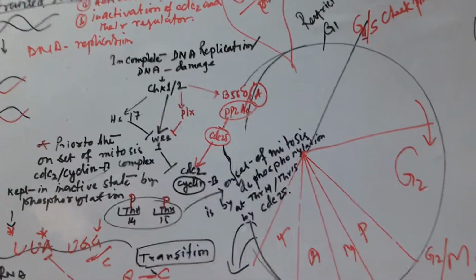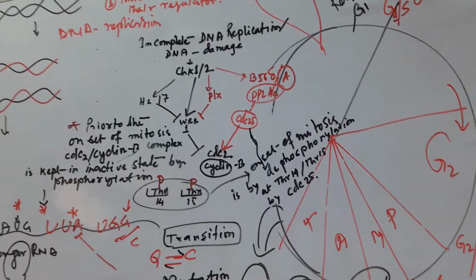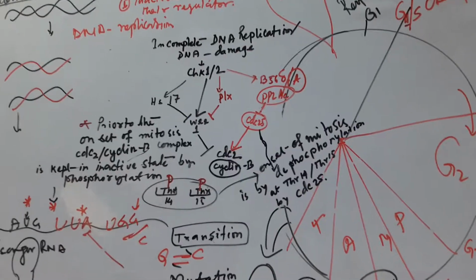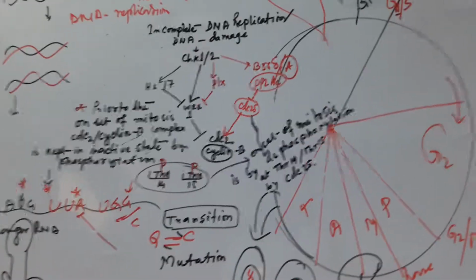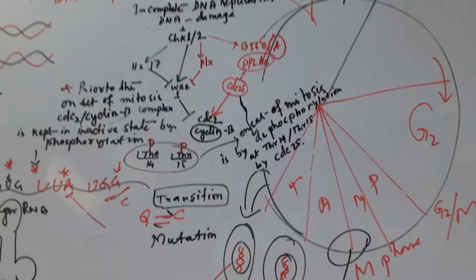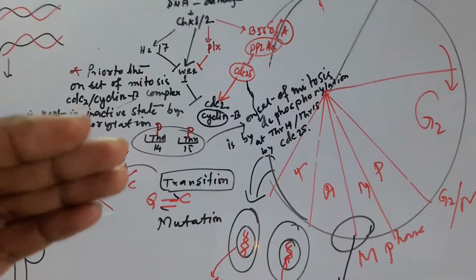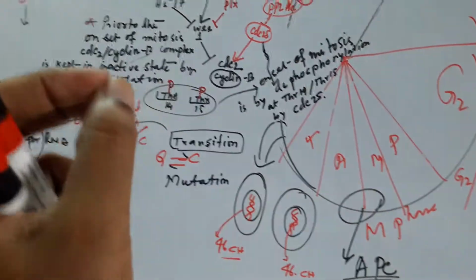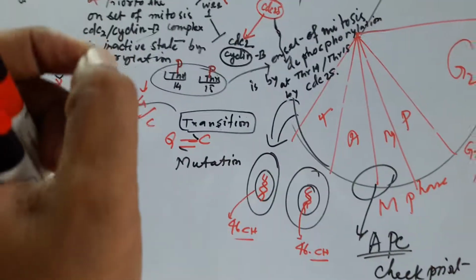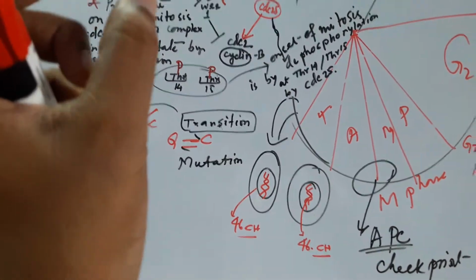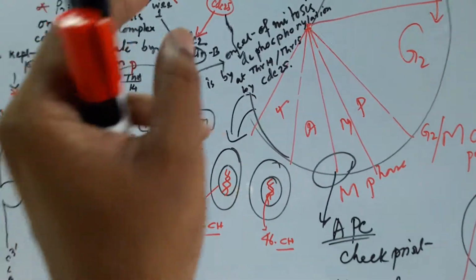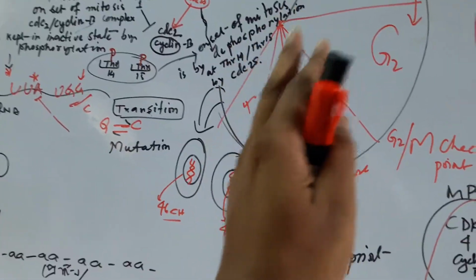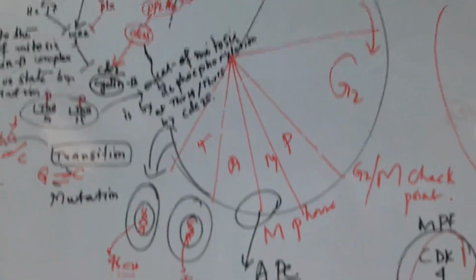This work is done by the activation of p21 protein and inactivation of CDC2 and its regulator, because CDC2 helps to activate the CDC, that is cyclin B protein. There you see threonine 14 and 15 get phosphorylated, and onset of mitosis occurs by dephosphorylation of threonine 15 and 14 by CDC25. So it is very important.